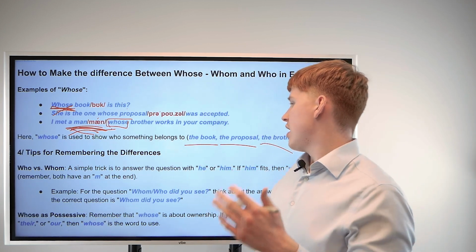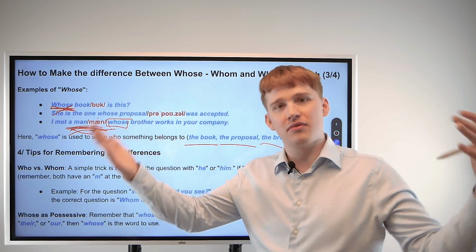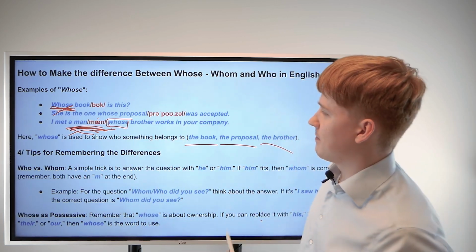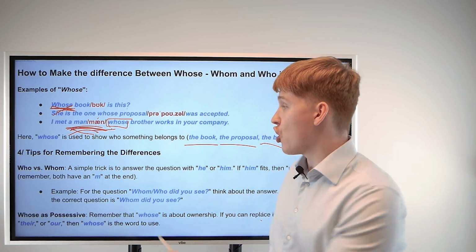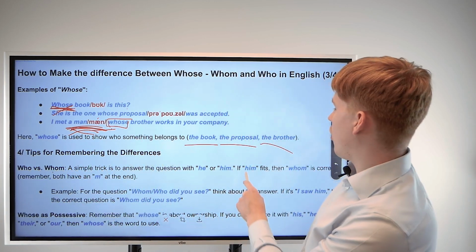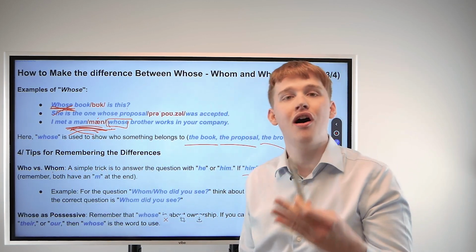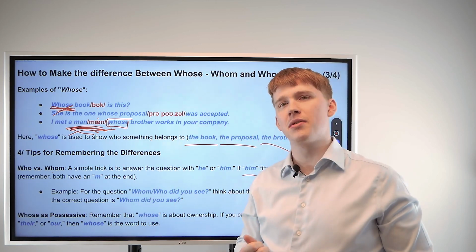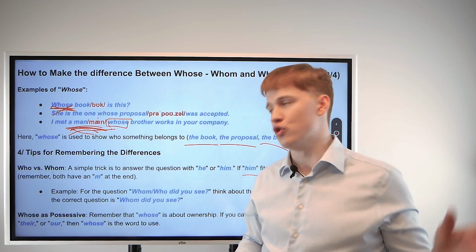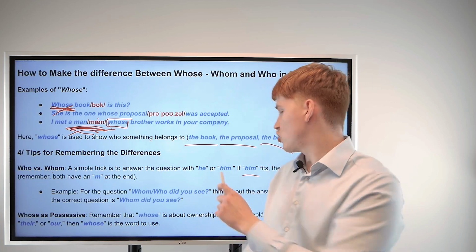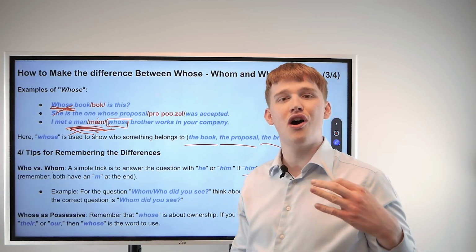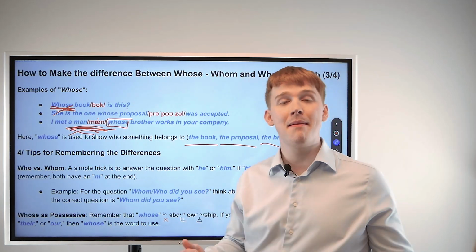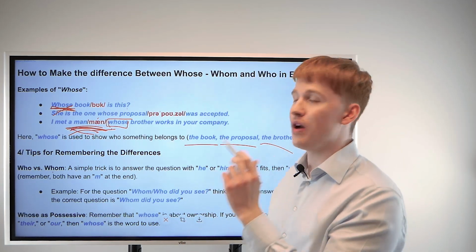So who, he is tall. Who is tall? You might ask this question. Lovely. Next up, you may use whom instead of him or her, because you're talking about someone else. You're saying, whom is the book addressed to? So it is addressed to him. It is addressed to her. Something like this. So that is a good way to remember the differences between who and whom.